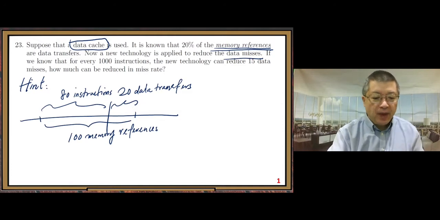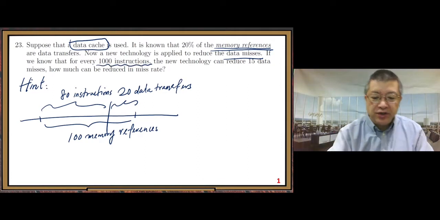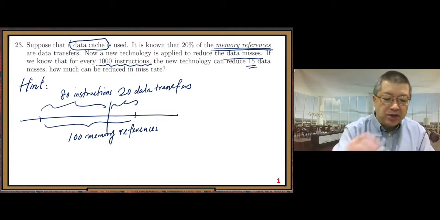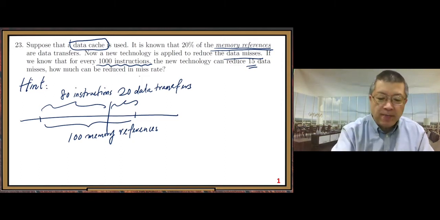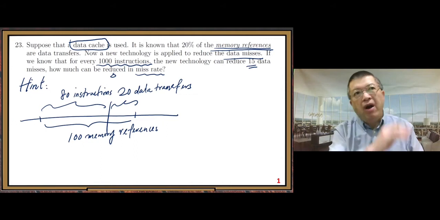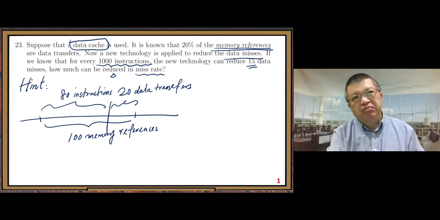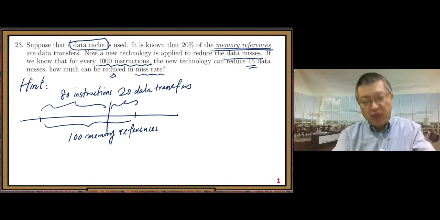If we know that for every 1,000 instructions, the new technology can reduce 15 data misses, how much can be reduced in miss rate? Reduction part, miss rate. Now, I think this reduction part, some of you may feel relatively hard to handle. So that's the new part of this question.